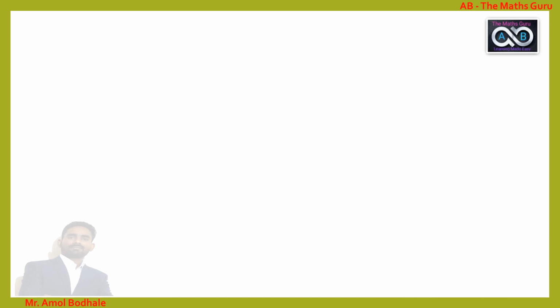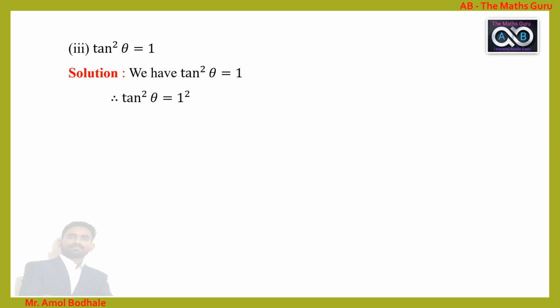Okay, let's see the next example. Tan square theta equal to 1. So we have tan square theta equal to 1. 1 can be written as 1 square, and we know that tan of pi by 4 is 1. So 1 can be replaced by tan of pi by 4, and this (tan of pi by 4) bracket square can be written as tan square pi by 4. This is a standard form, that is tan square theta equal to tan square alpha.